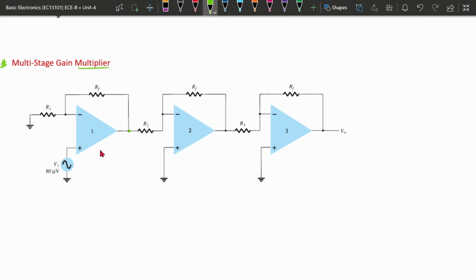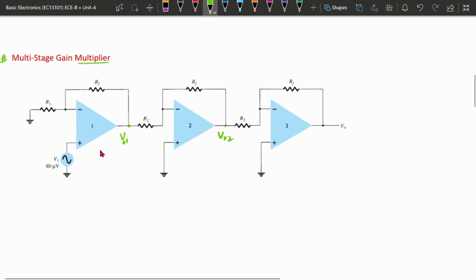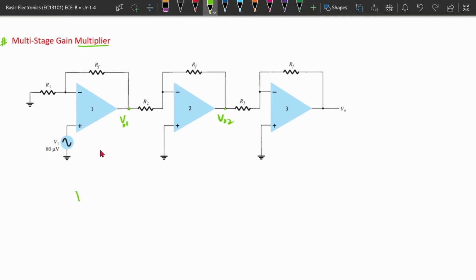Suppose this one is V01 and this is V02 and this is the final V0. Suppose the gain is A1 for the first amplifier, then A2 and A3.